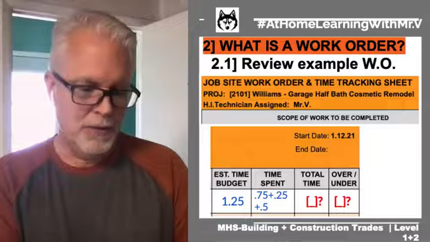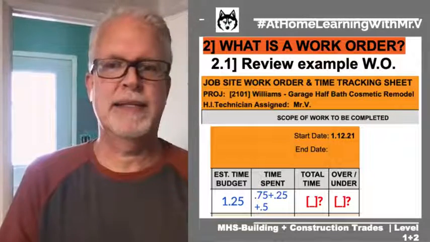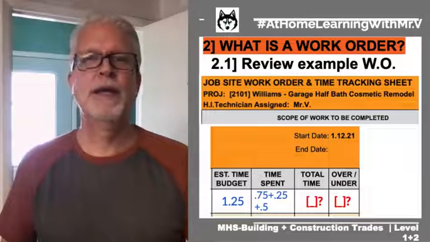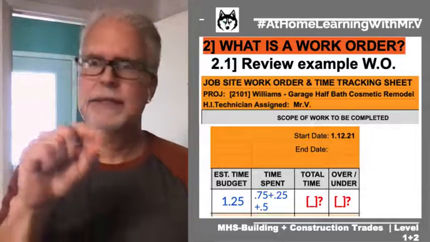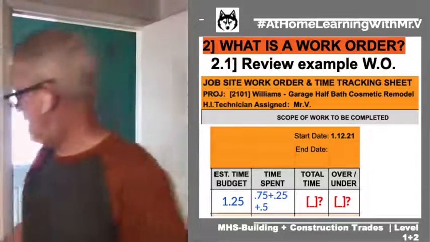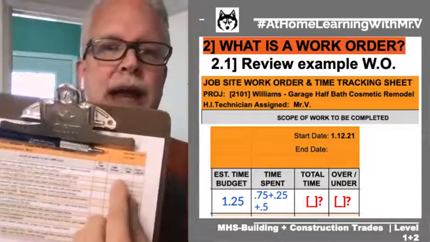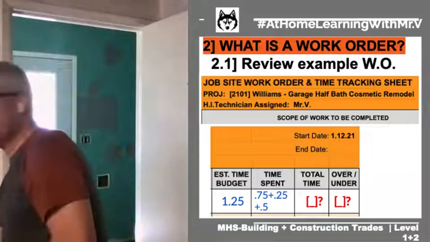So time spent. Once more, Raul, what do you think I'm trying to tell you in regards to time spent? Yeah, and in this case, it's by the task, because each one of these things, baby, has its own budget, right? And its own time tracker. So line by line, I'm going to be adding things together.